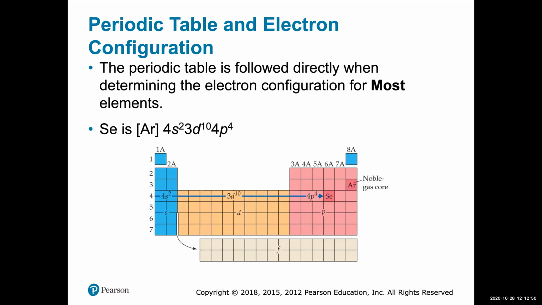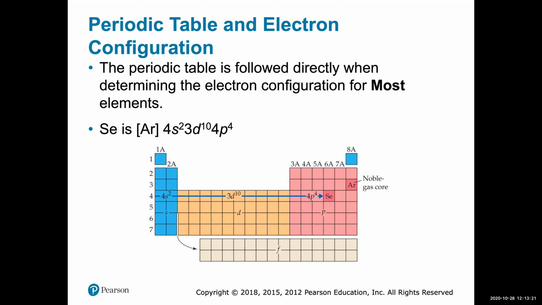And this table here, I think, is a real important one. You see here, over on the left-hand side in the blue, you have the S orbitals filled. In the middle with the transition elements, in the kind of orangish, you have the D filled. Down below that in the kind of tan color, you have the F ones filled. And then finally on the right, in the pink, you have the P orbitals filled.